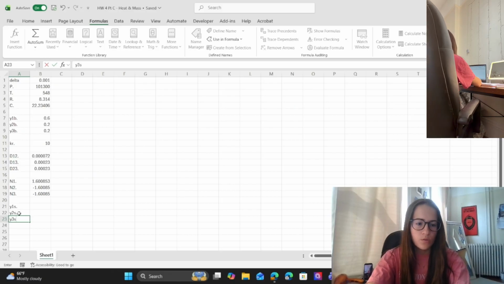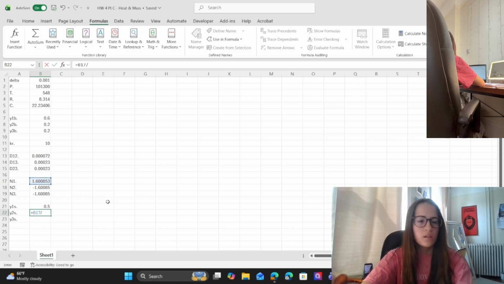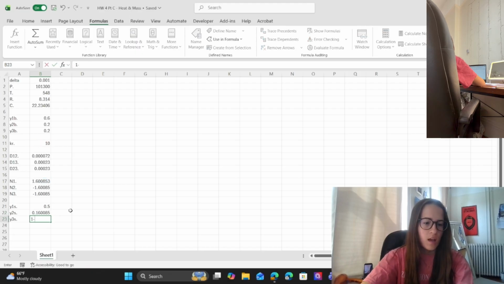So hopefully you remember that from a second ago. So we had this equal to 0.5, this equal to the flux of 1 divided by this, and then we had y3 as being equal to 1 minus this.